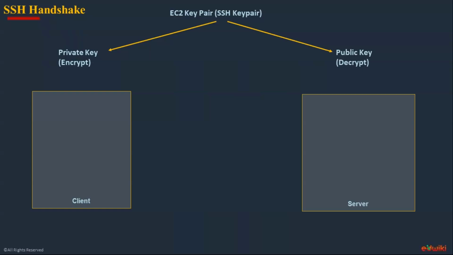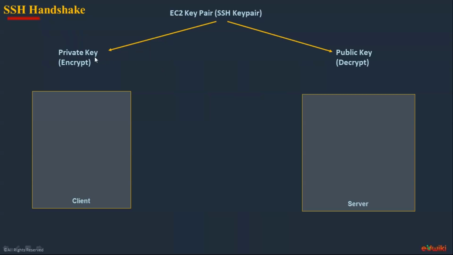The public key will not be downloaded. The public key will be saved within AWS control on their side. They will not tell us where the key is saved, but that public key file will be saved at the AWS level somewhere. Now the private key and the public key files, these are just files.